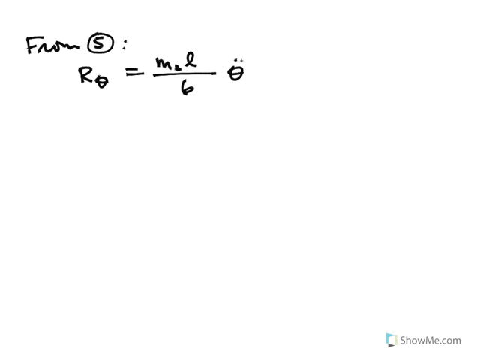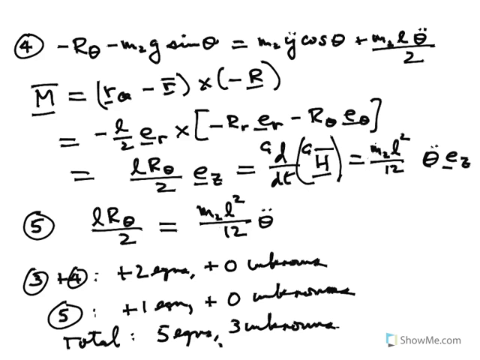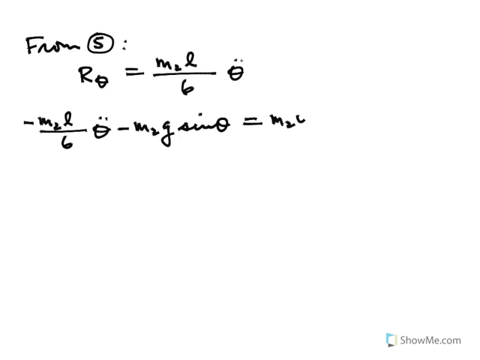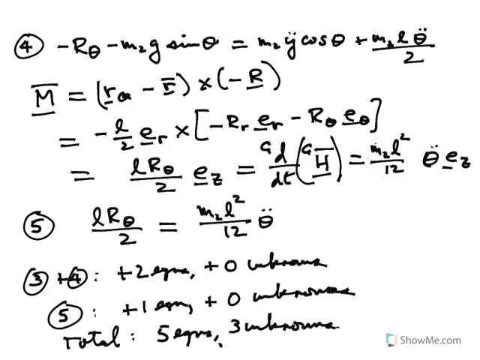So I put it into number 4, and I get minus m2L over 6 theta double dot, that's minus R sub theta, minus m2g times the sine of theta, and that equals m2y double dot cosine theta, and then plus m2L theta double dot over 2. Now that's one of the differential equations because there are no unknowns in there, right? So that's the first one. So now we've exhausted that.